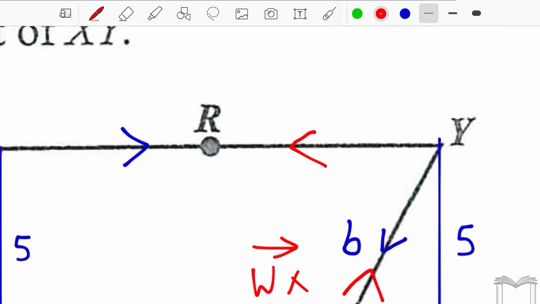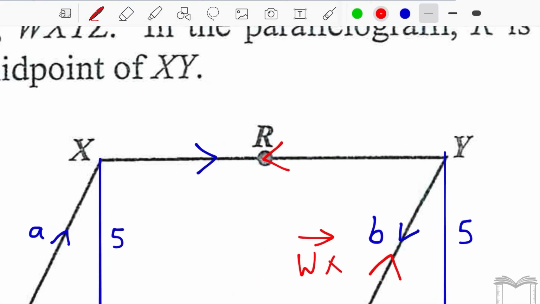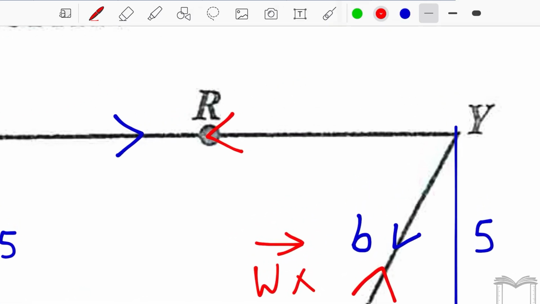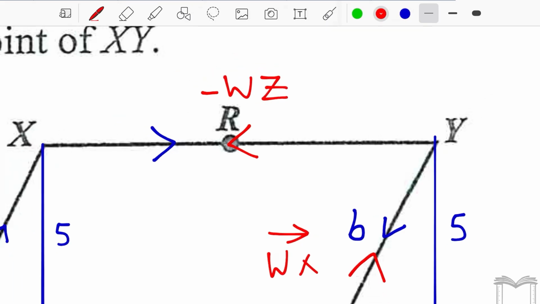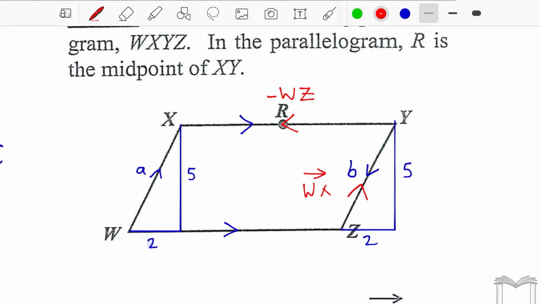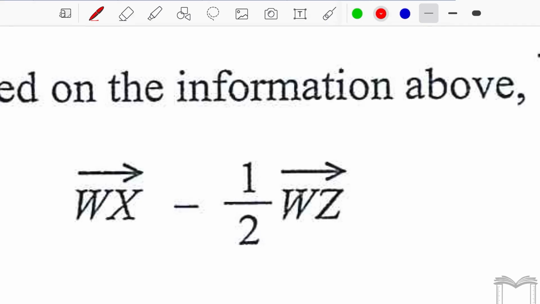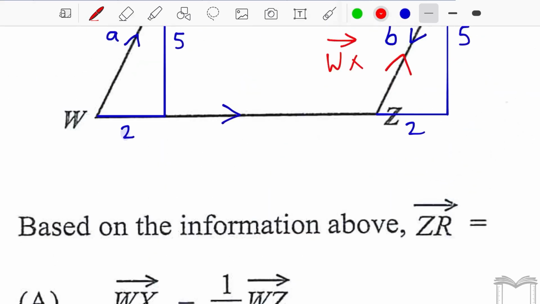So here, going from Y to X would be negative WZ. And R would be half of that, half of negative WZ. So we are seeing this here, negative half WZ.